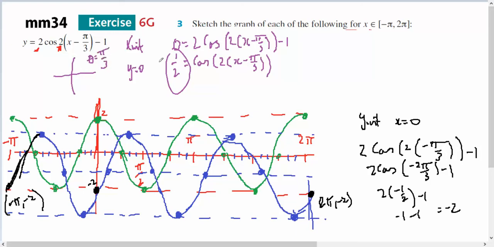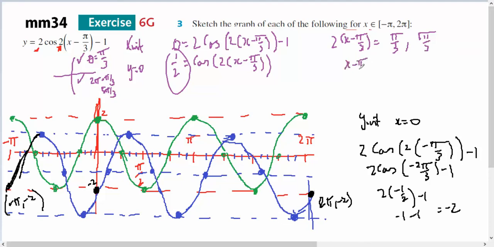And where is cos positive? In the first and the fourth quadrant. So I'd expect pi on 3 and 2 pi minus pi on 3, or 5 pi on 3. So 2x minus pi on 3 equals pi on 3, or 5 pi on 3. Move the 2 over.